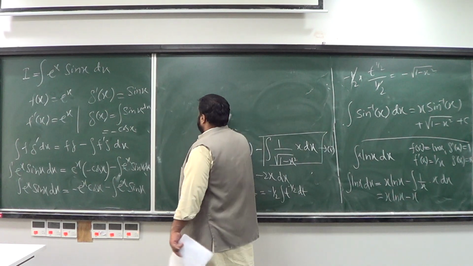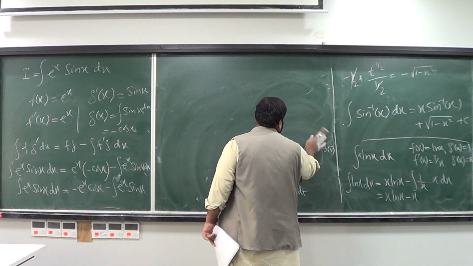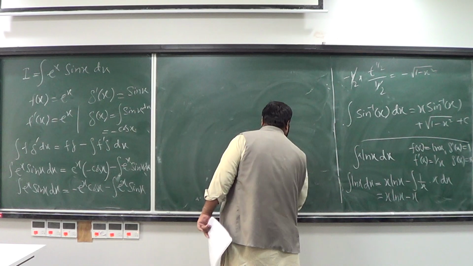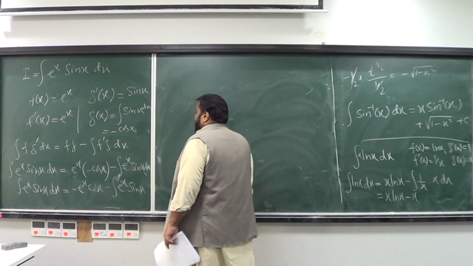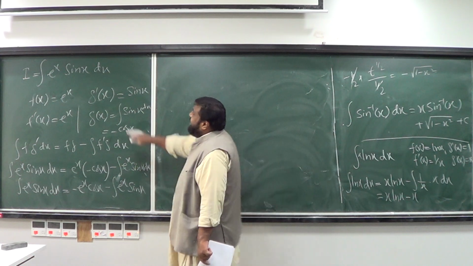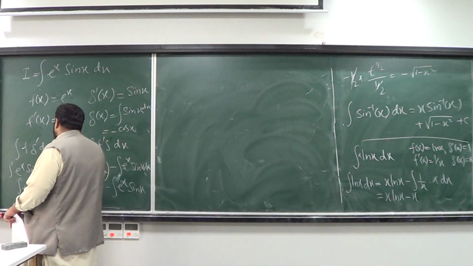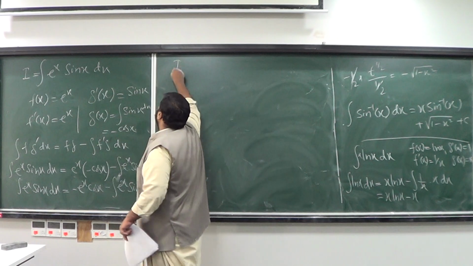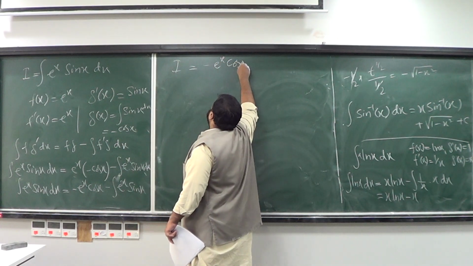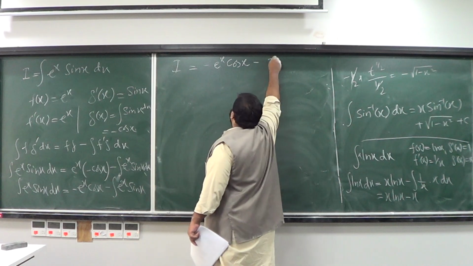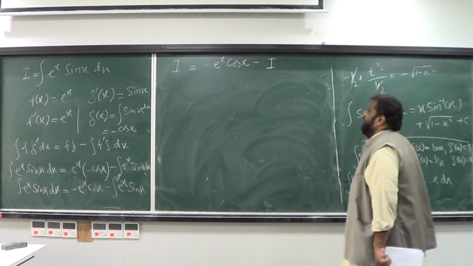Sin x will become cos, cos will become sine, e to the x will become e to the x, so none of them is simplifying. So if I give this integral a name I, then how will this equation look? I equals minus e to the x cos x minus I. This is what you're going to get actually.